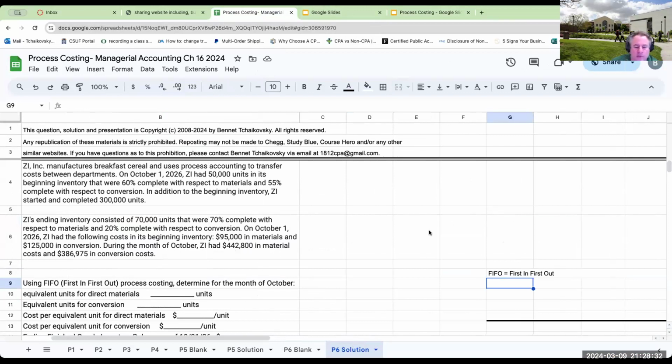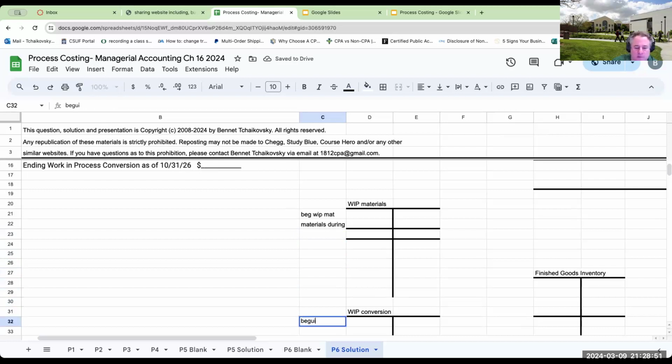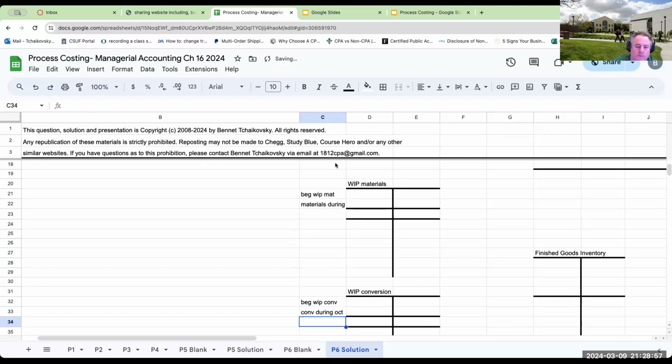Remember our goal under process costing: we have these costs sitting in beginning WIP materials, then materials during October, beginning WIP conversion, then conversion cost during October.